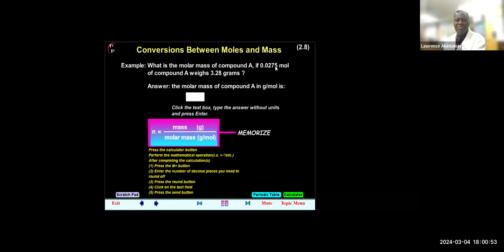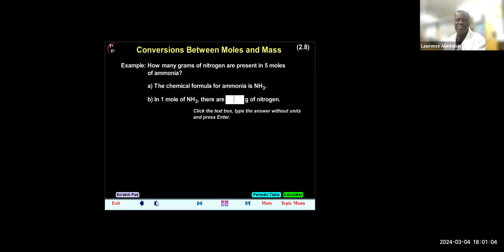You're given the mole, and you're given the grams. A. What is the chemical formula for ammonia? B. In 1 mole of NH3, there are grams of nitrogen.